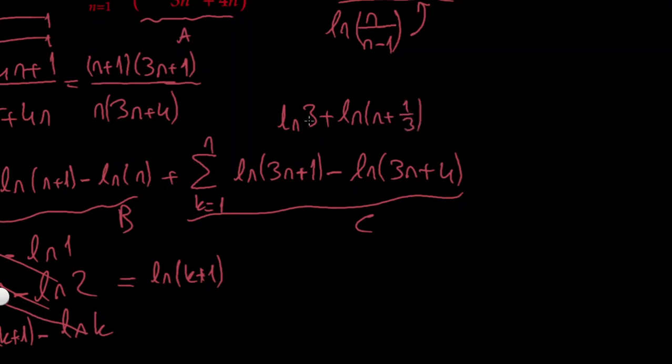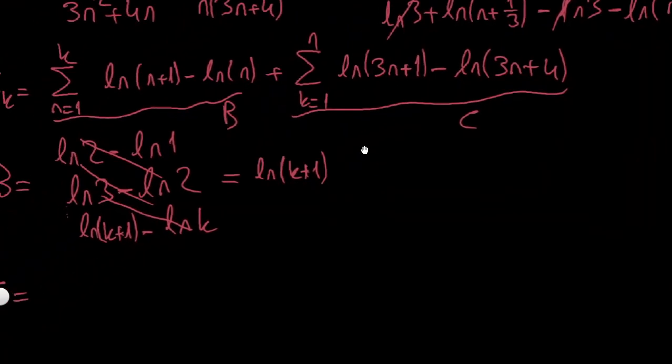So I factored out the 3 and wrote it as a summation. And this one is minus ln 3 plus ln of n plus 4 over 3. So either I can do it like this or like this. It's basically the same, and we can just go with this one.